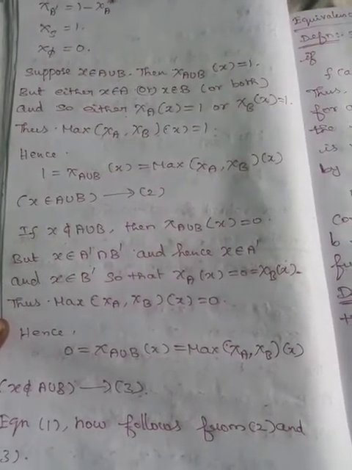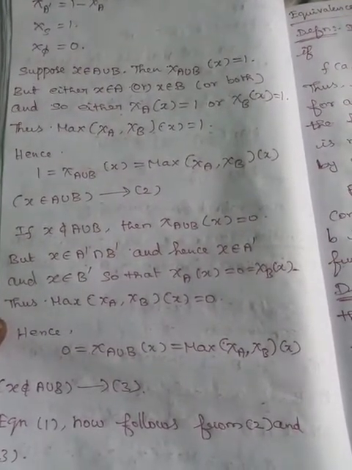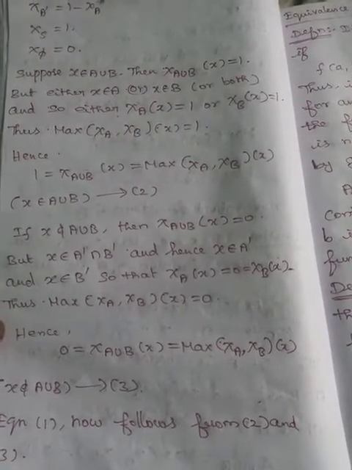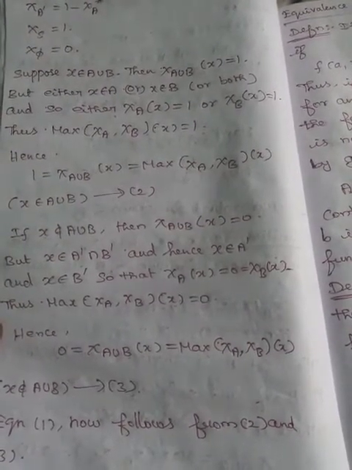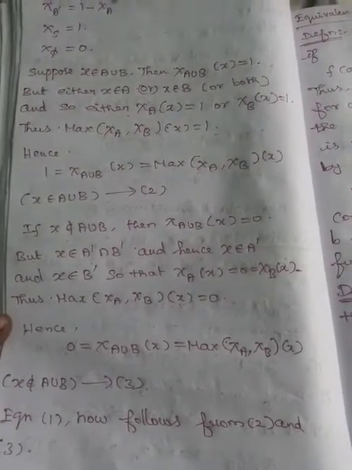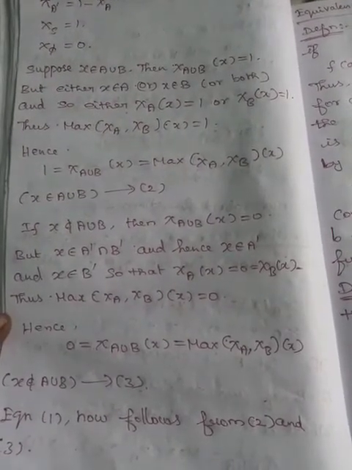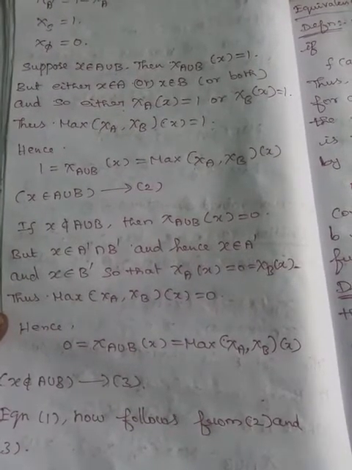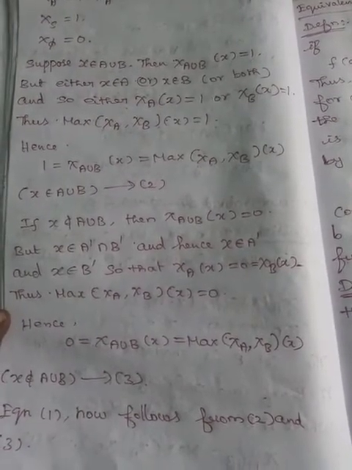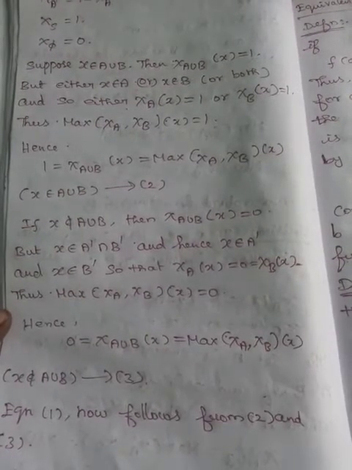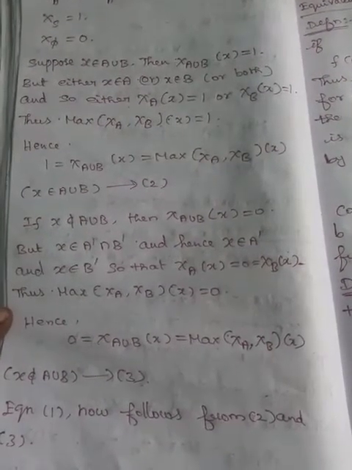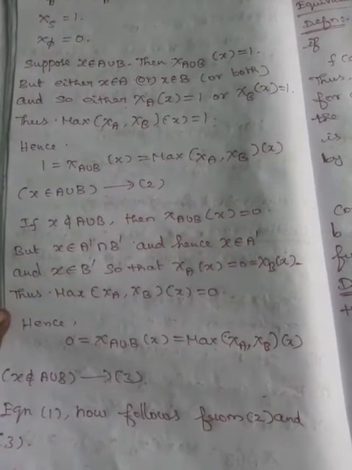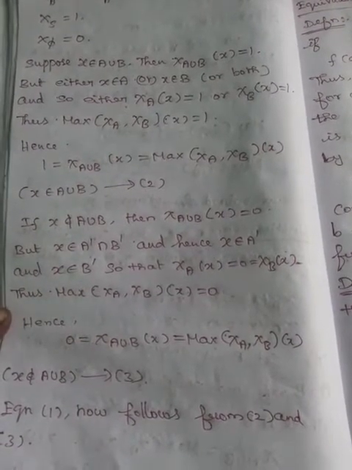If X belongs to A union B, then zeta of A union B of X equal to 0. But X belongs to A dash intersection B dash, and hence X belongs to A dash and X belongs to B dash, so that zeta of A of X equal to 0 equal to zeta of B of X. Thus maximum of zeta of A comma zeta of B of X equal to 0.